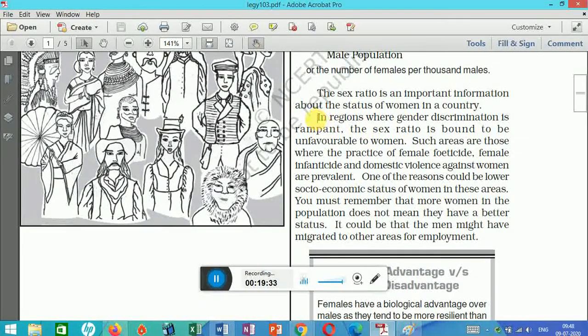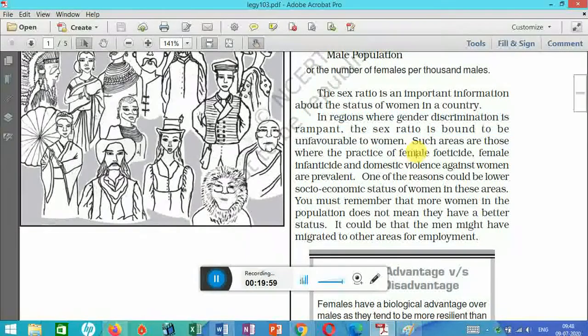See, let us read. In regions where gender discrimination is rampant, sex ratio is bound to be unfavorable to women. In the countries where there is gender discrimination, where there is difference between the males and the females, we generally have this unfavorable sex ratio.